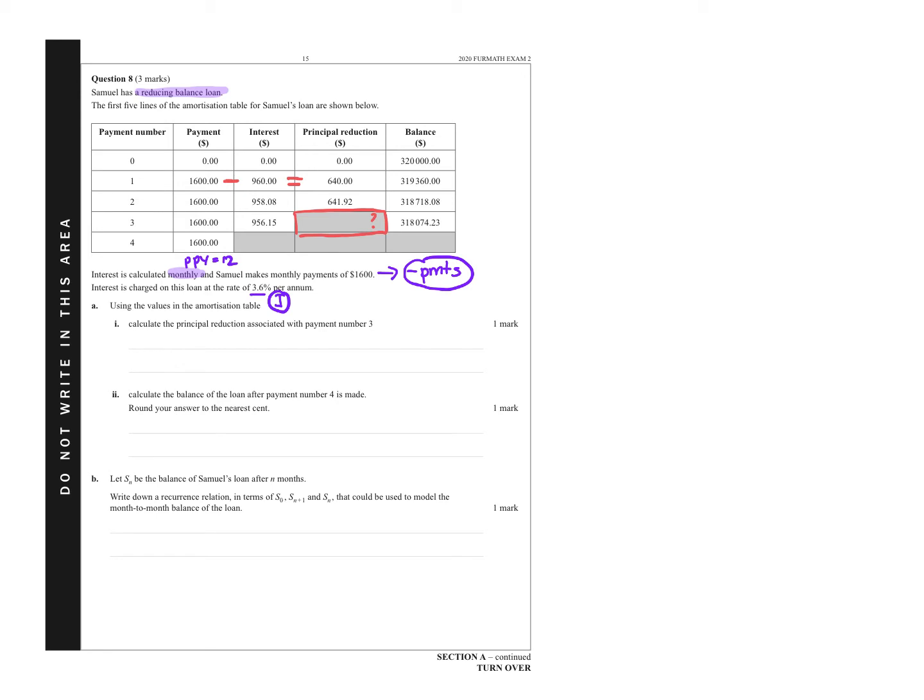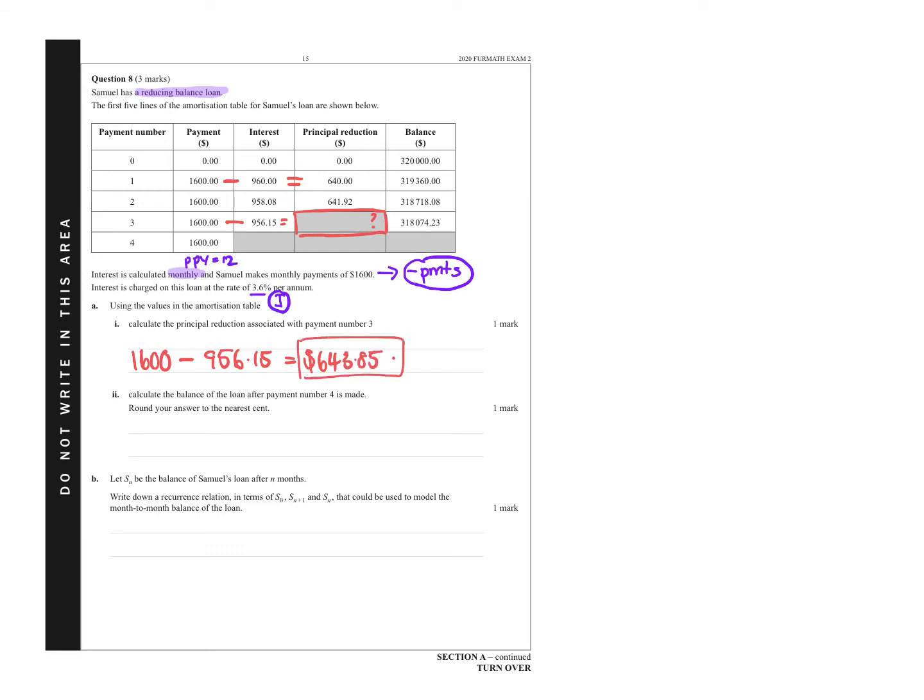So if we were to do this one, we're just going to say 1600 minus the 956.15 is going to equal the principal reduction. So it's going to be 643.85.